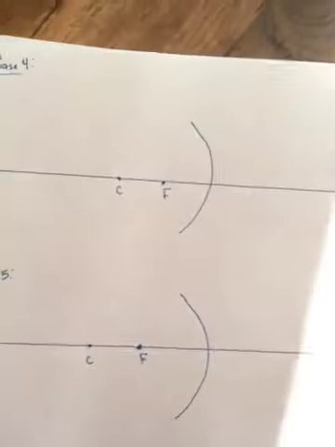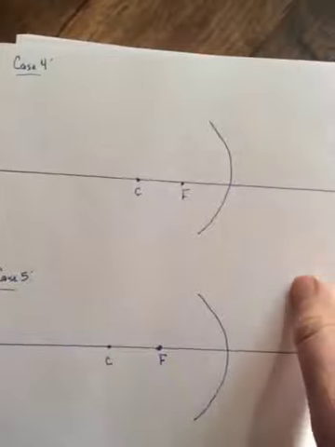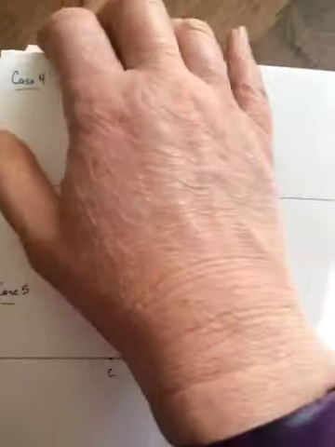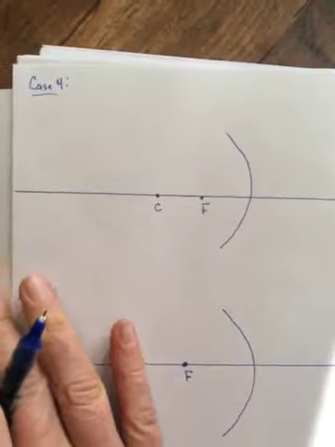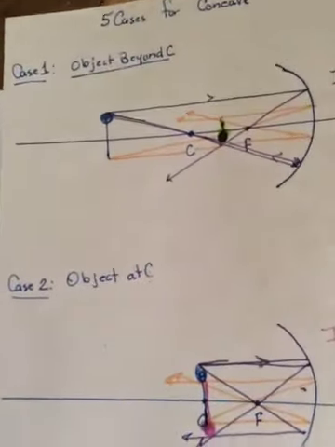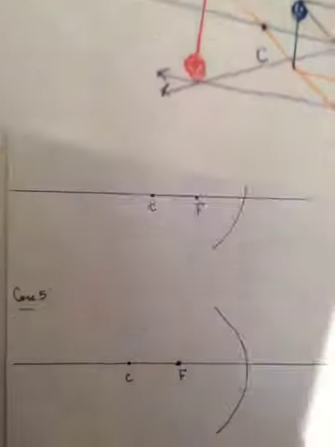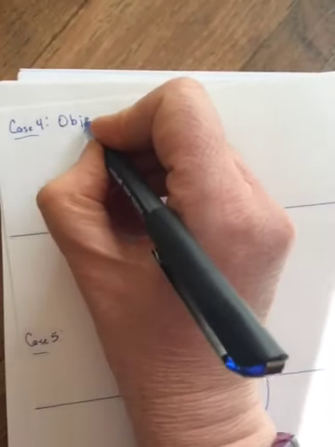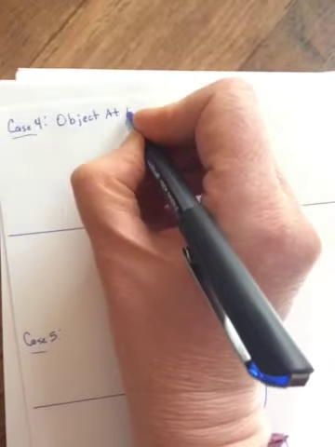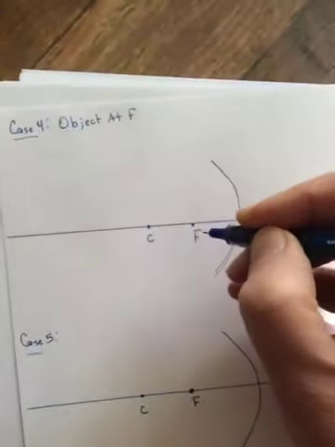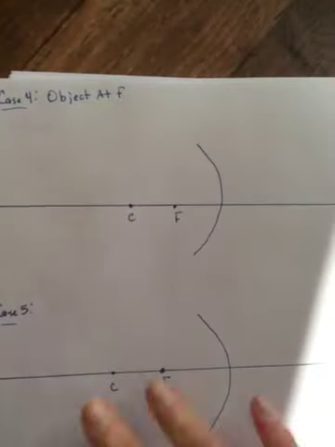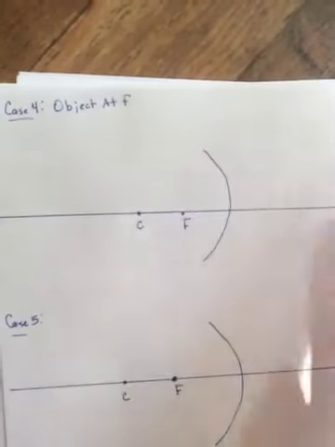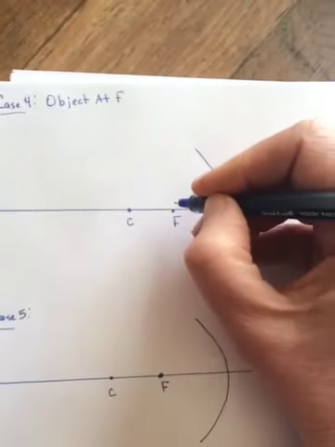All right, and I'll come back and say that again in a few minutes, but it's time to go to case 4. And so case 4, we had object beyond C, object at C, object between C and F, so we keep moving the object in, so now the object's going to be at F. So object at F. And it's a shame that we're not together, because usually the diagrams drive people crazy, and images end up being slanted and all that kind of stuff.